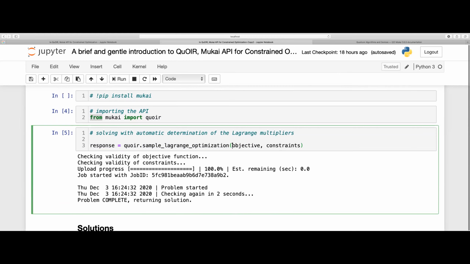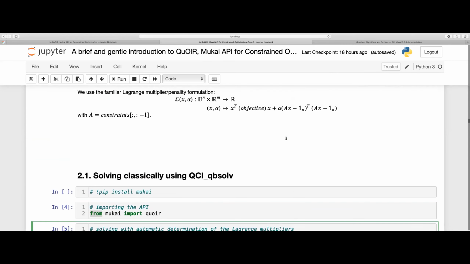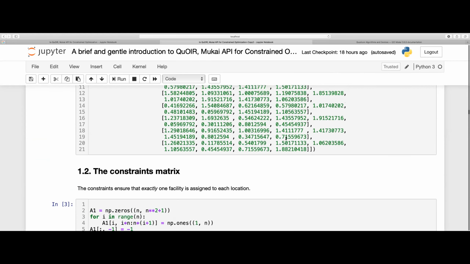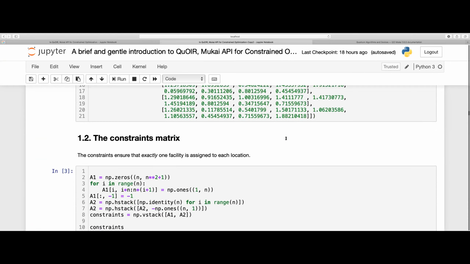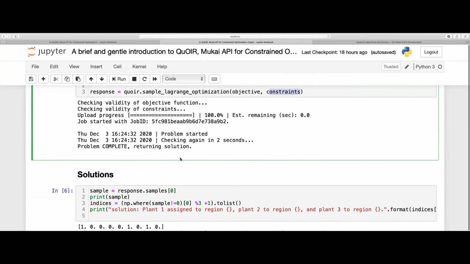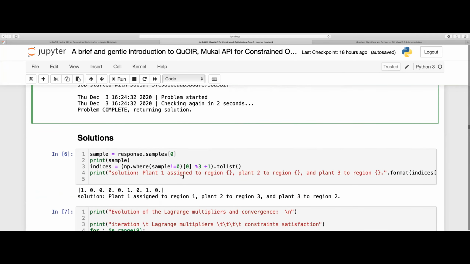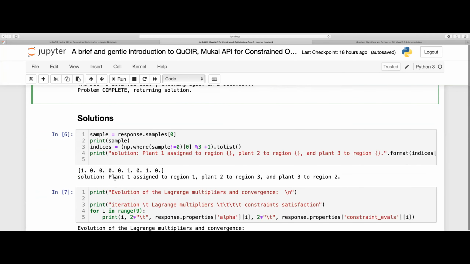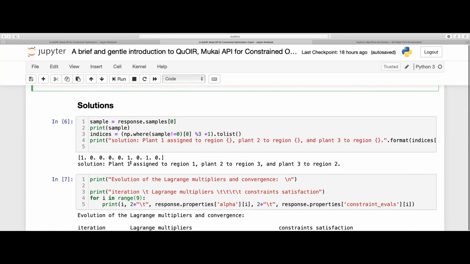And I call this function on my objective function and the constraint matrix, the two matrices I introduced earlier. Okay, so I run this, I get my solution, and I get the optimal solution of the problem. I get something like plant 1 is assigned to region 1 and so on.